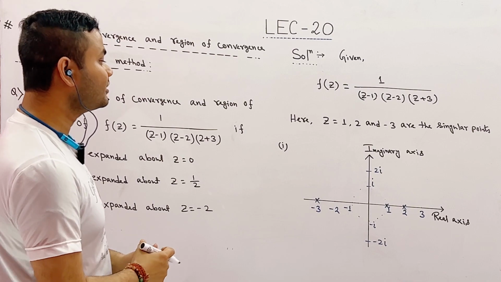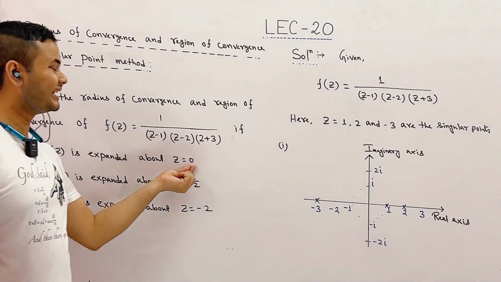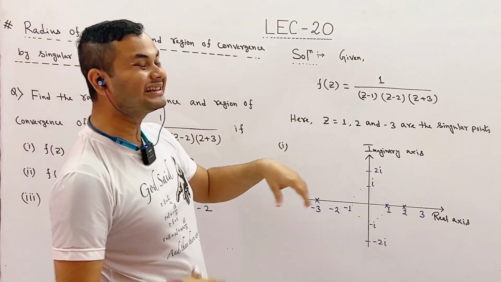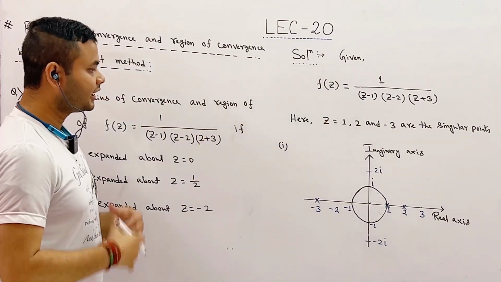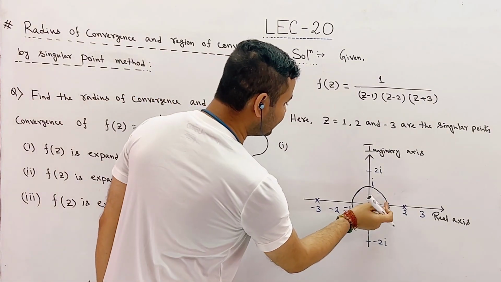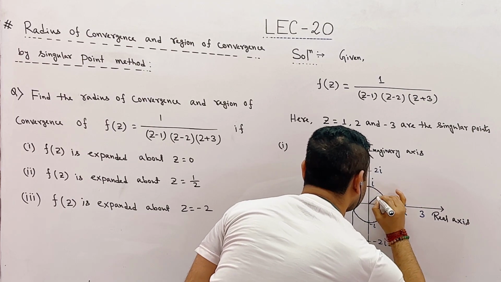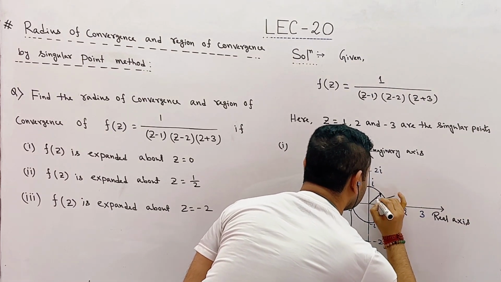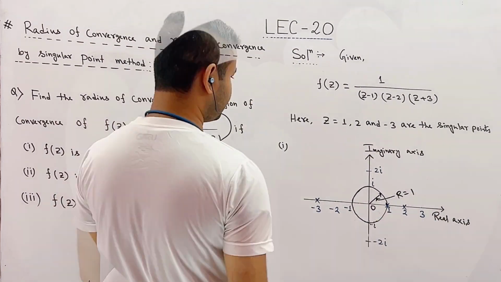Next let us draw the largest possible circle about the origin, or about z equal to 0, such that within that circle this function f of z is analytic at all points. If we draw, then we will get this type of circle where the radius of the circle is r equal to 1, and the center of the circle is 0.